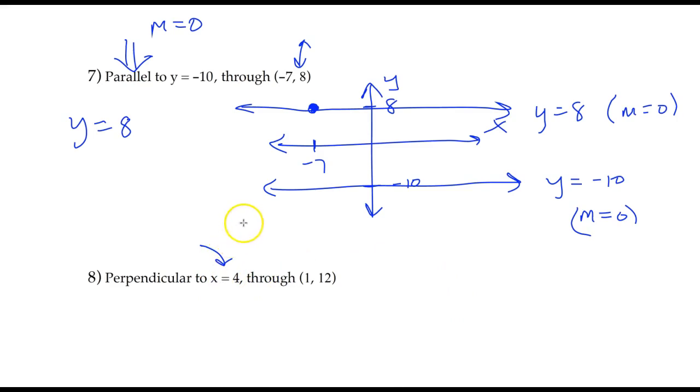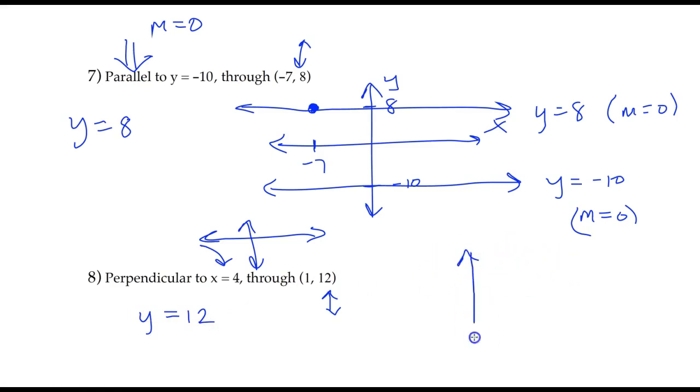If I intersect a vertical line at a 90-degree angle, it will be intersected by a horizontal line. Since it has to be horizontal, we know it's talking about the y coordinate, so the equation would be y equals 12.